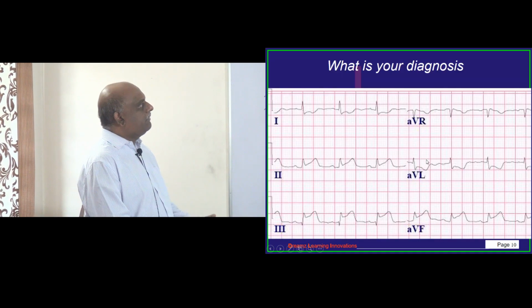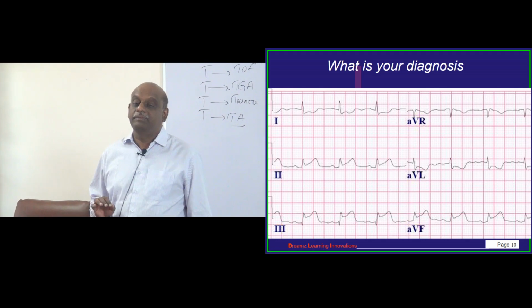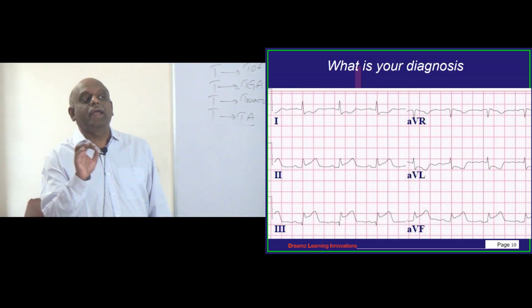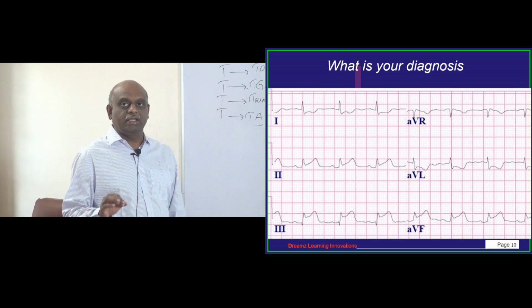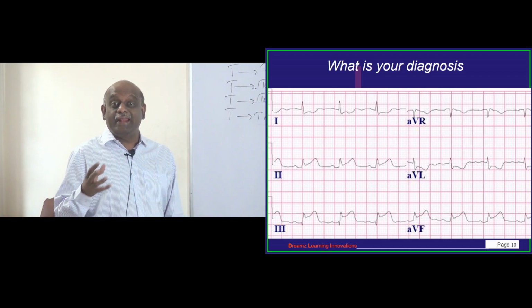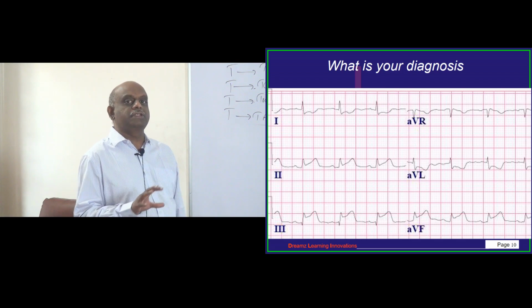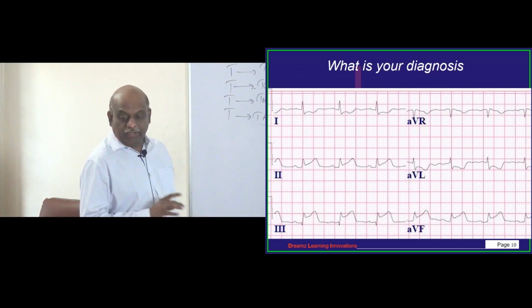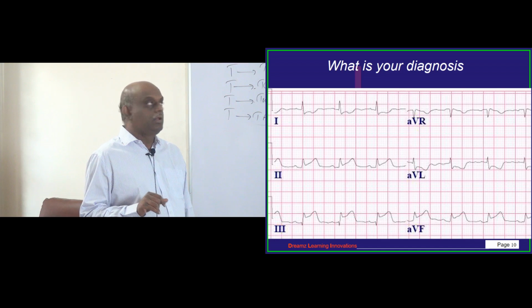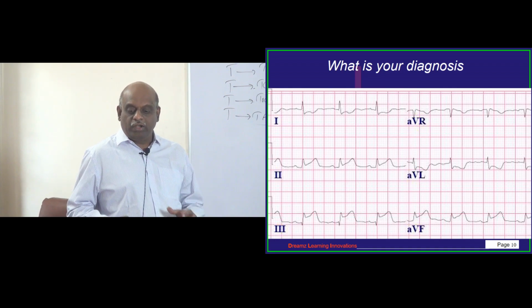Now my question to all of you, looking at this ECG, what is your diagnosis is my question to all of you. Give me which territorial diagnosis you need to punch your answer. In this given ECG, what is it?